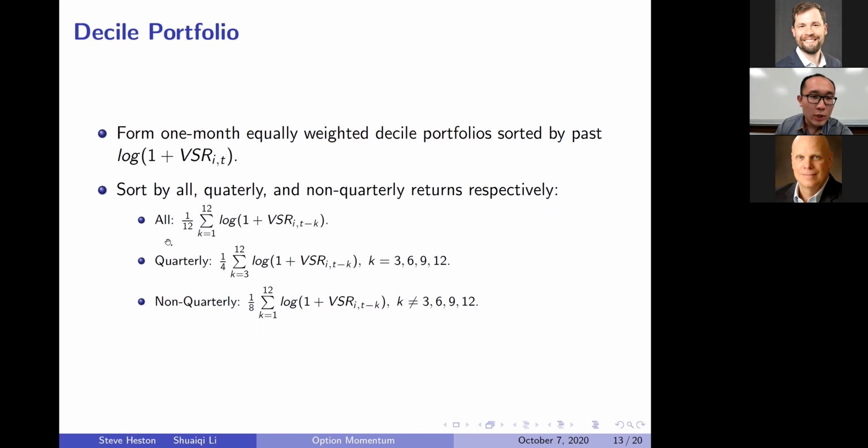First, we sort by all the past 12 months log variance swap return during the year. In addition, we sort only by the quarterly lags, which are the VSR at months 3, 6, 9, and 12. And in addition, we sort by non-quarterly lags. So these 3 are our sorting variables.